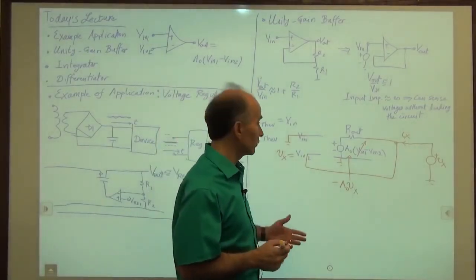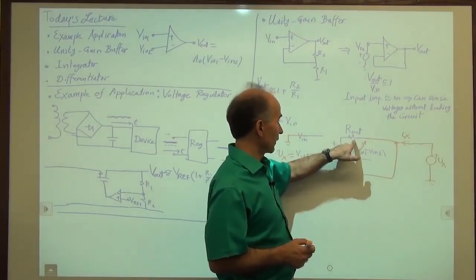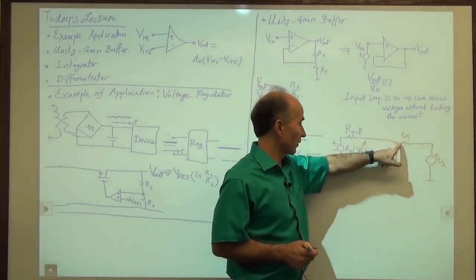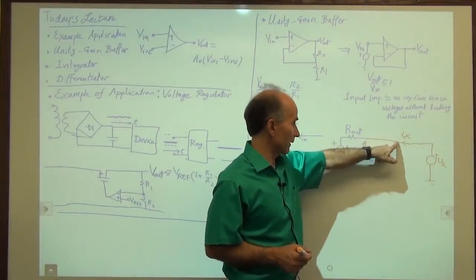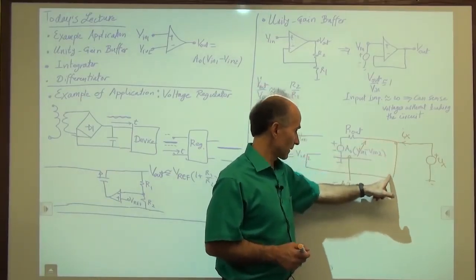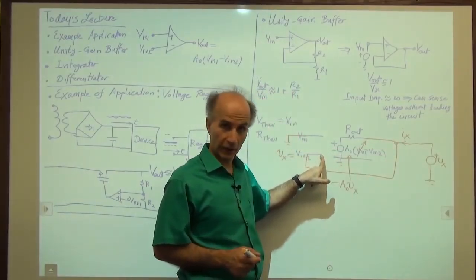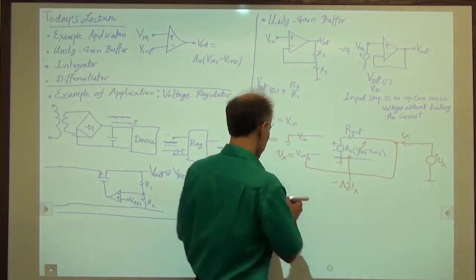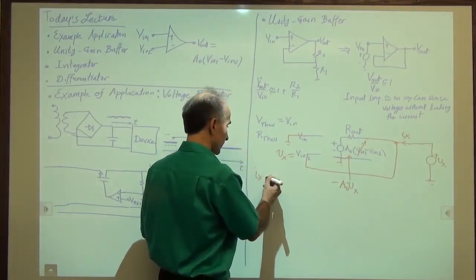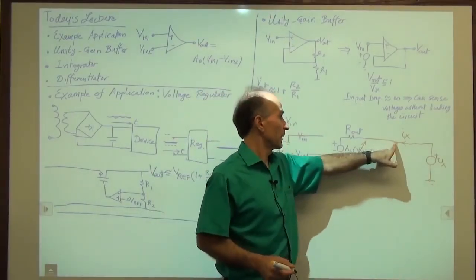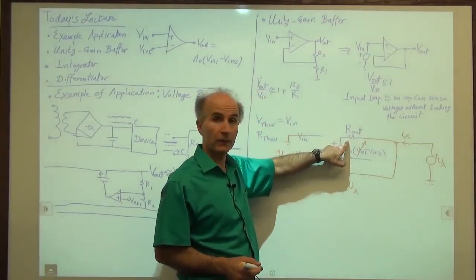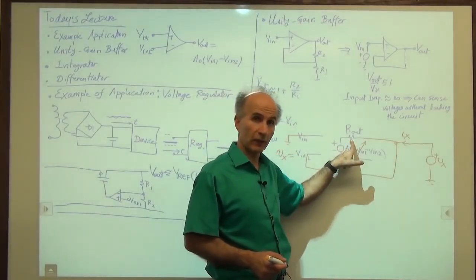And now we just need to write the current of this R out. And we know that the only current that flows at this node is going this way because the input of the op-amp does not draw any current. So I can say that Ix, the current coming into here, is equal to the current through R out, going this way from right to left.